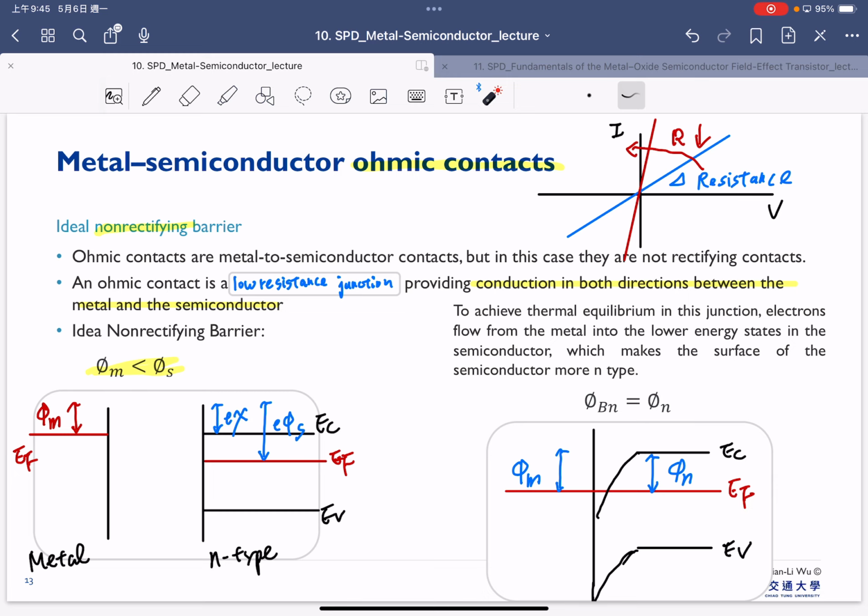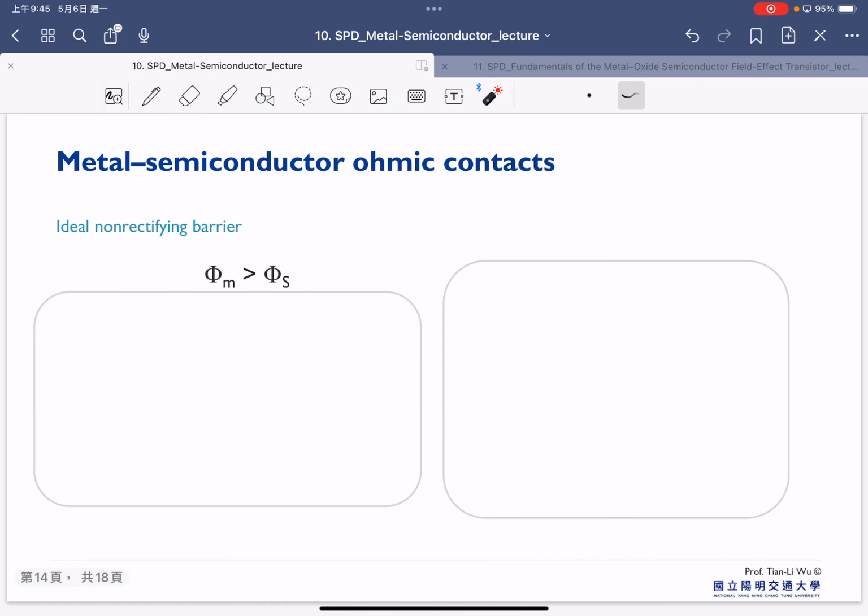So similarly, we can consider another case where this is for the p-type. That is the p-type. When we have a p-type semiconductor, if we want to make an ohmic contact, then our phi n should be larger than phi s.